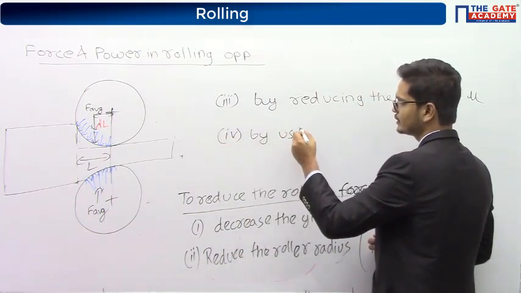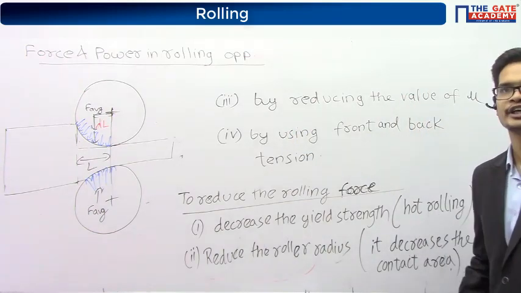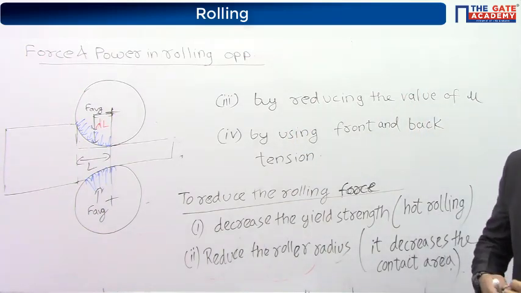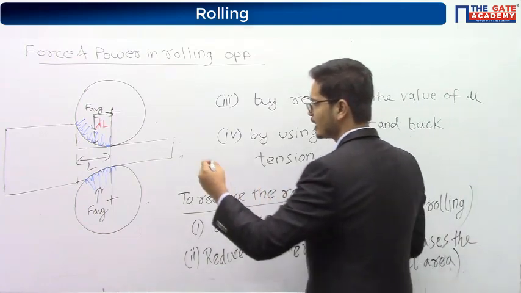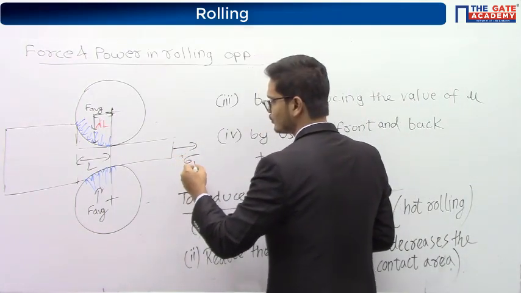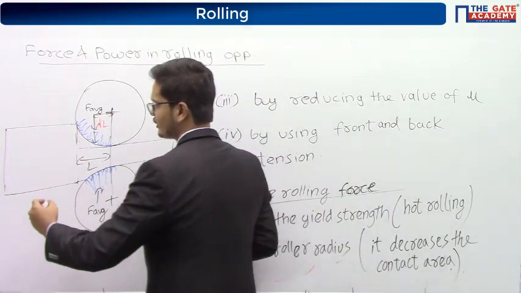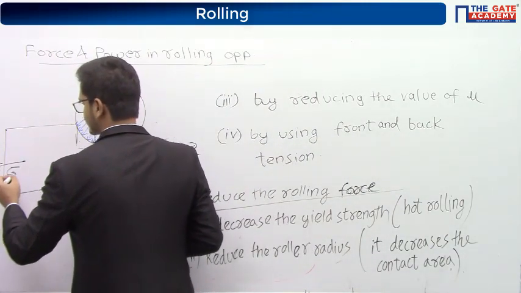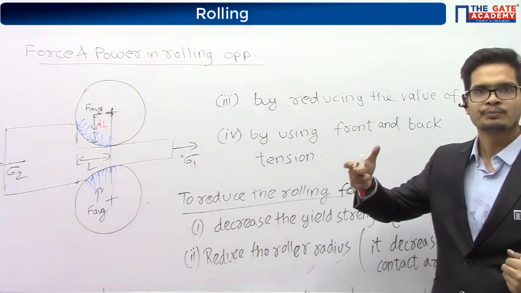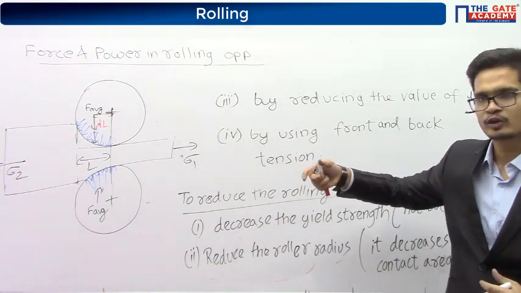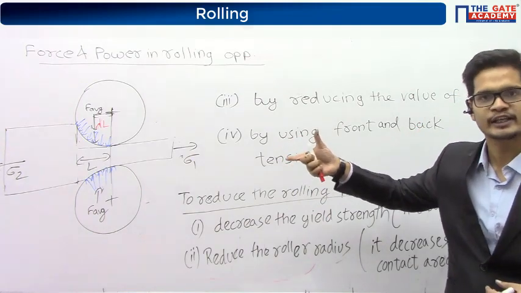by using front and back tension. So what is front and back tension? What happens is we pull the component like this. We apply some load in this direction, and some load in the opposite direction. We are pulling the component. Now because of Poisson's ratio effect, what will happen to delta H?